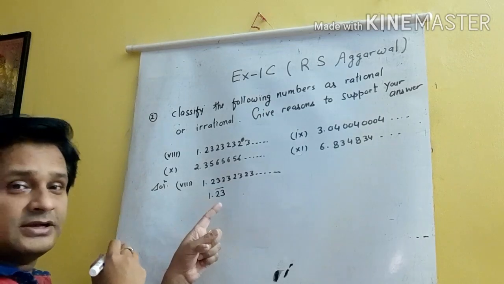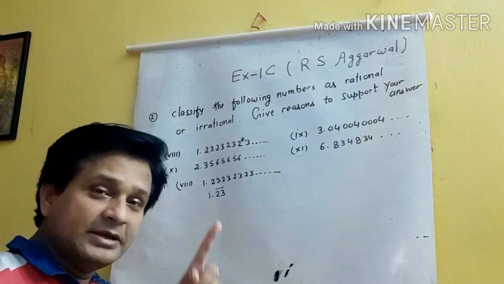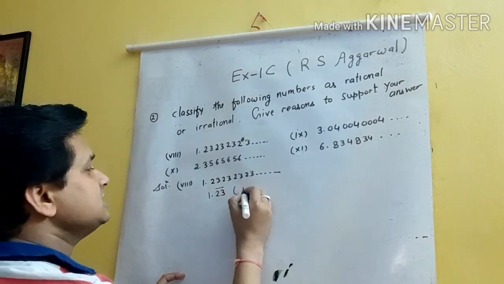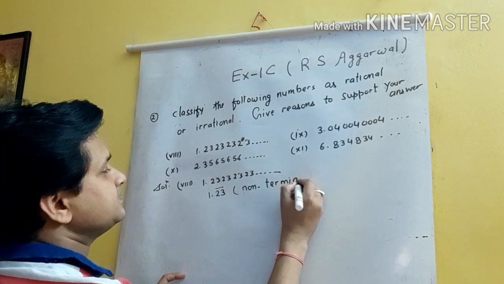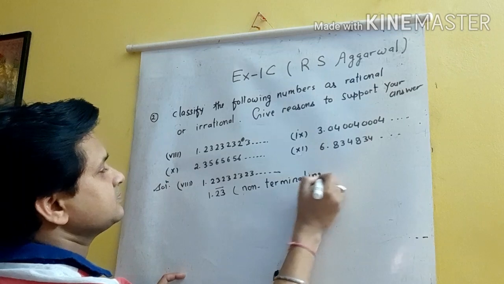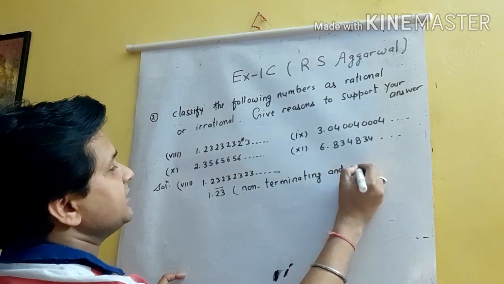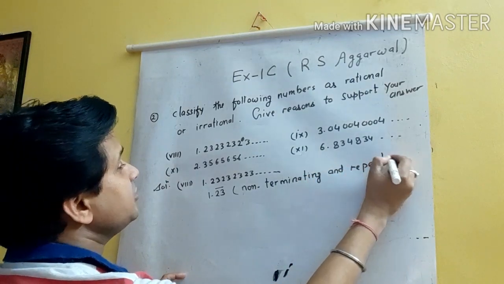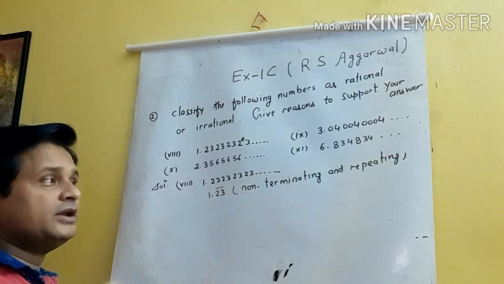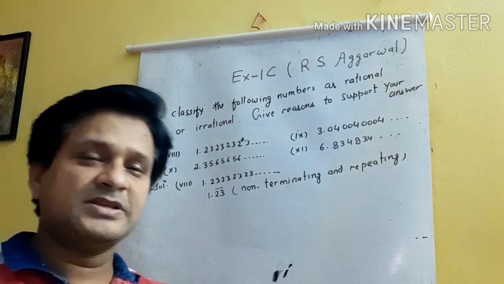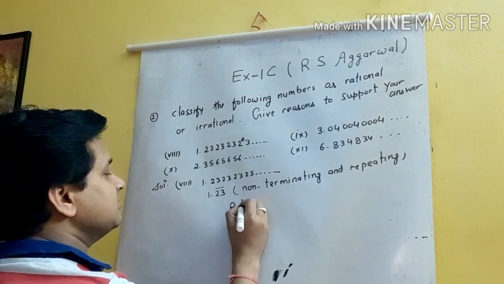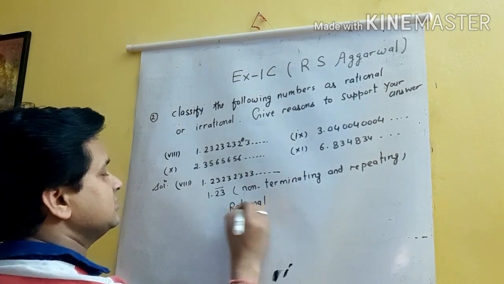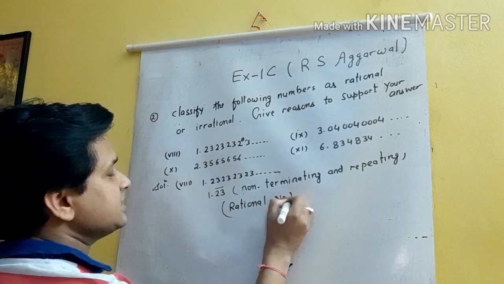So we have read this is a non-terminating and repeating decimal, and you know every non-terminating and repeating decimal expansion is a rational number. So this is a rational number.